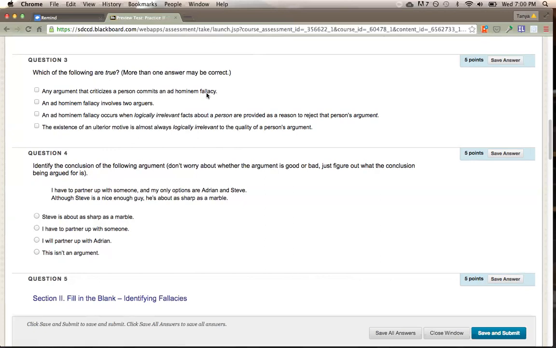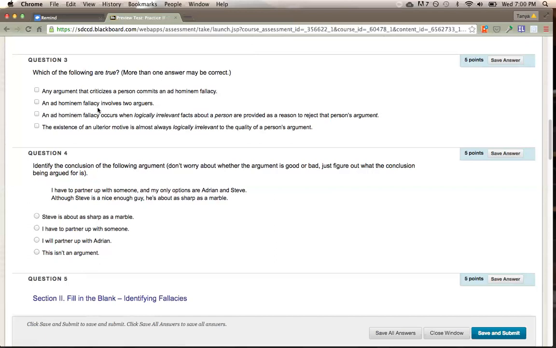It's that you are doing that instead of examining and evaluating their argument. So if you criticize a person and then argue that what they said is wrong, or that their argument is bad, or that we should reject their argument, that would be an ad hominem fallacy. Just criticizing a person isn't enough. And sometimes criticizing a person could be logically relevant to the conclusion if the conclusion is about the person.